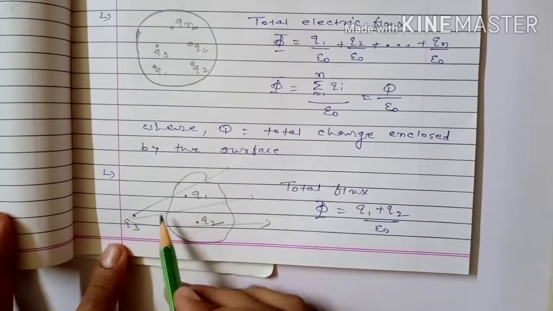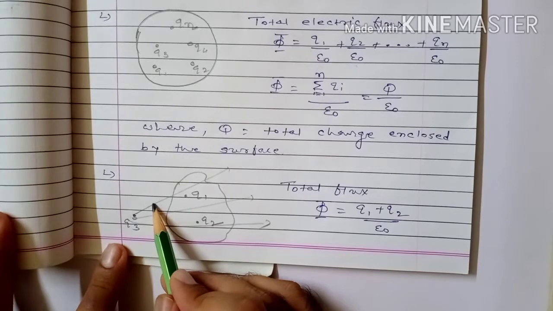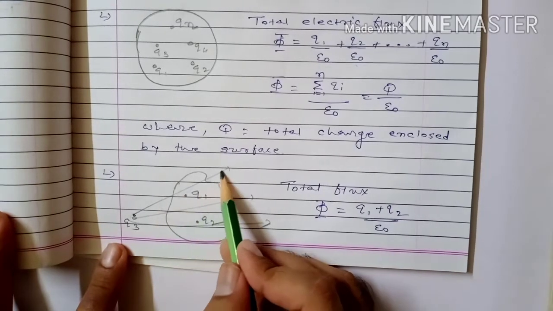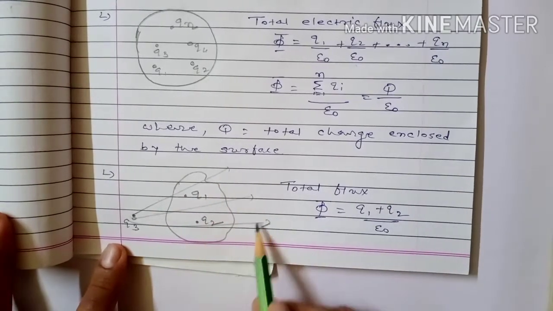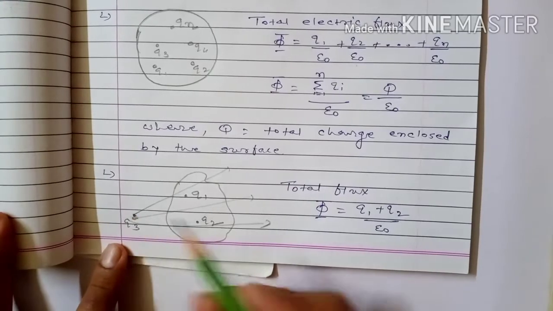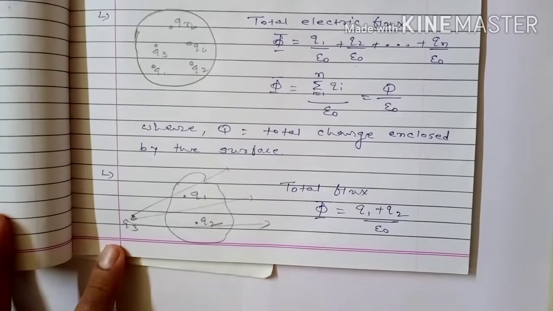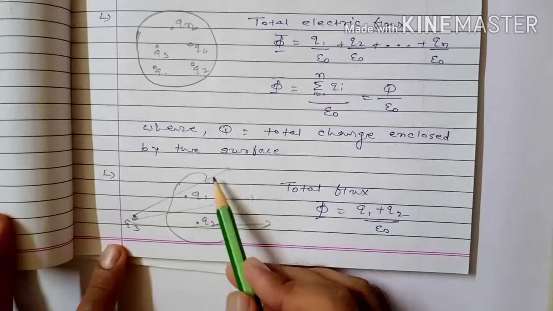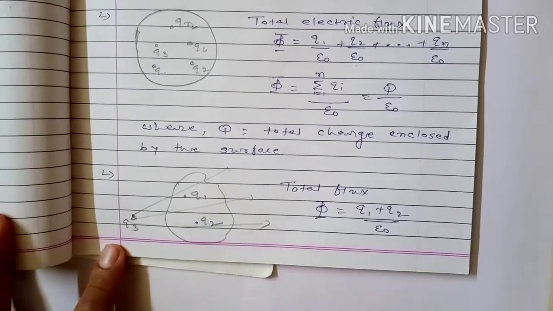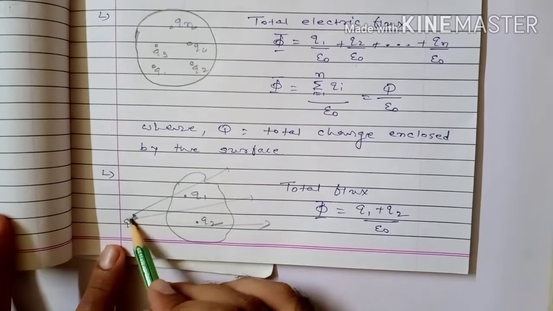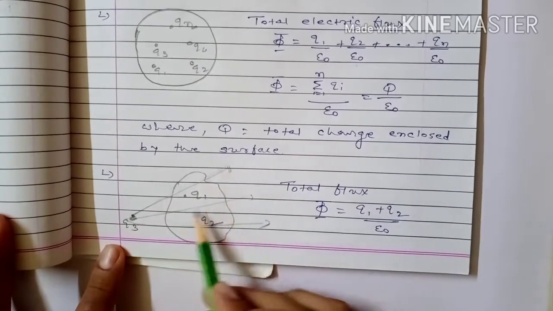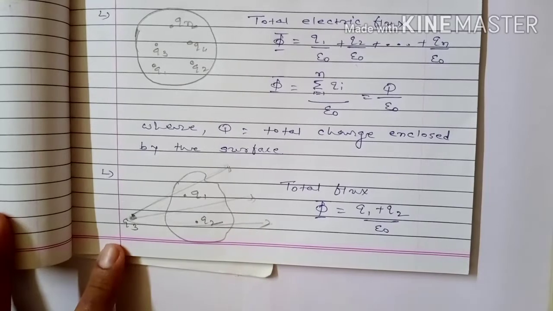So here you can see whatever number of electric field lines are entering the surface, the same number of field lines are leaving the surface. So here the electric flux due to this q3 charge will be 0, because the number of field lines entering the surface is the same as the number of field lines leaving the surface. Whenever this type of situation arises, at that time the electric flux due to that charge will become 0.